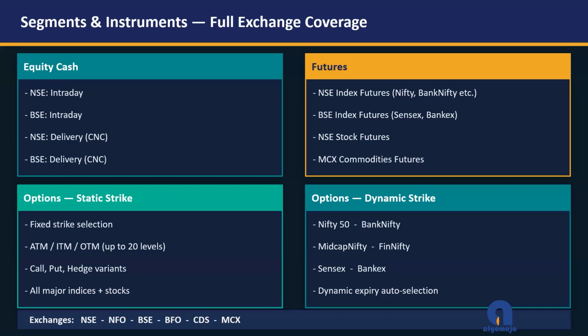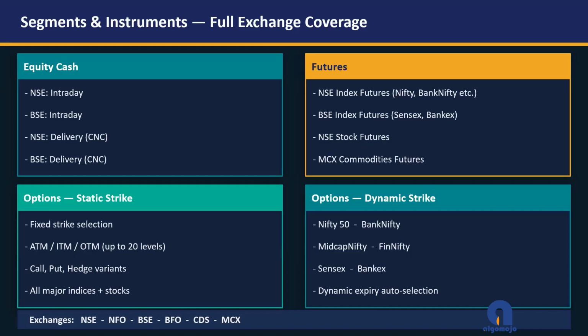Now, if you want to use dynamic strike price, the platform selects the strike dynamically based on the current market levels. It supports all major indices: Nifty 50, Bank Nifty, Mid Cap Nifty, Fin Nifty, Sensex, Bankex, etc. The dynamic expiry auto selection handles weekly as well as monthly rollovers automatically.